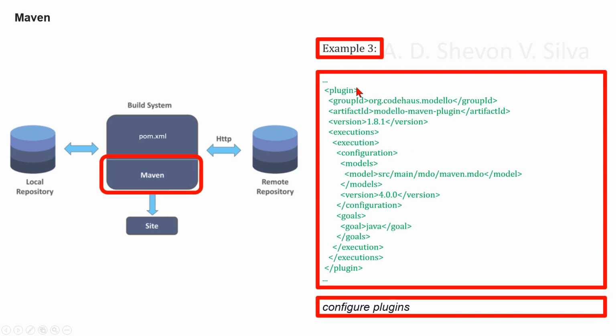As example 3, we can consider this one, configuring plugins. The second way to add goals to phases is to configure plugins in your project. Plugins are artifacts that provide goals to Maven.